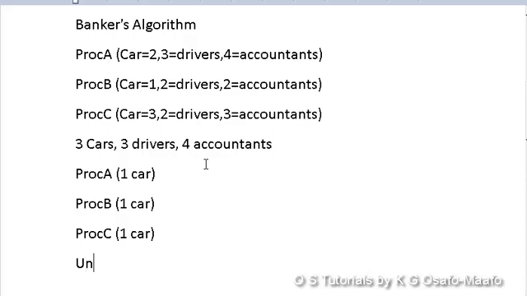So this is unsafe. Process A would like to have 2 cars to finish their project, 3 drivers, and 4 accountants. Similarly, process B wants 1 car, 2 drivers, and 2 accountants. Then if everyone picks 1 car each, they are now in deadlock, right?